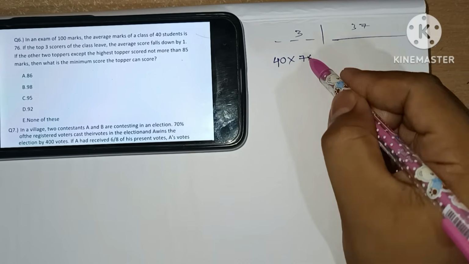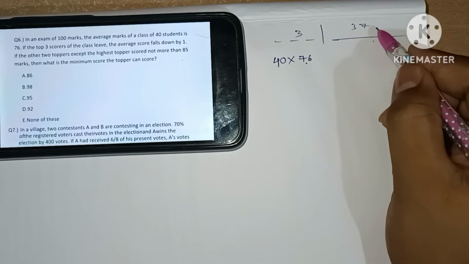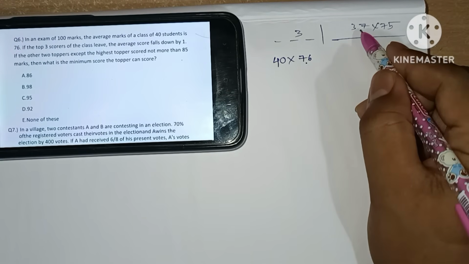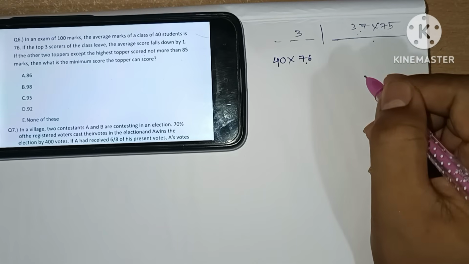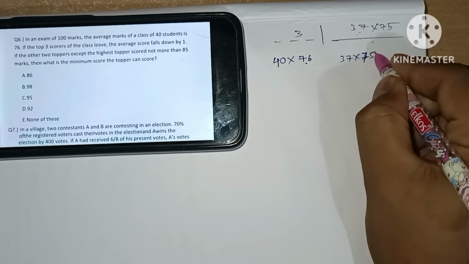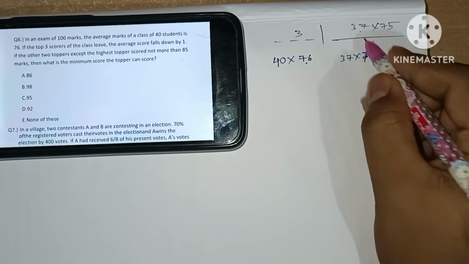So here it is 76, here the average is 75. So the total score of all the 37 is 37 into 75. 37 into 75 is the total score of 37 people.